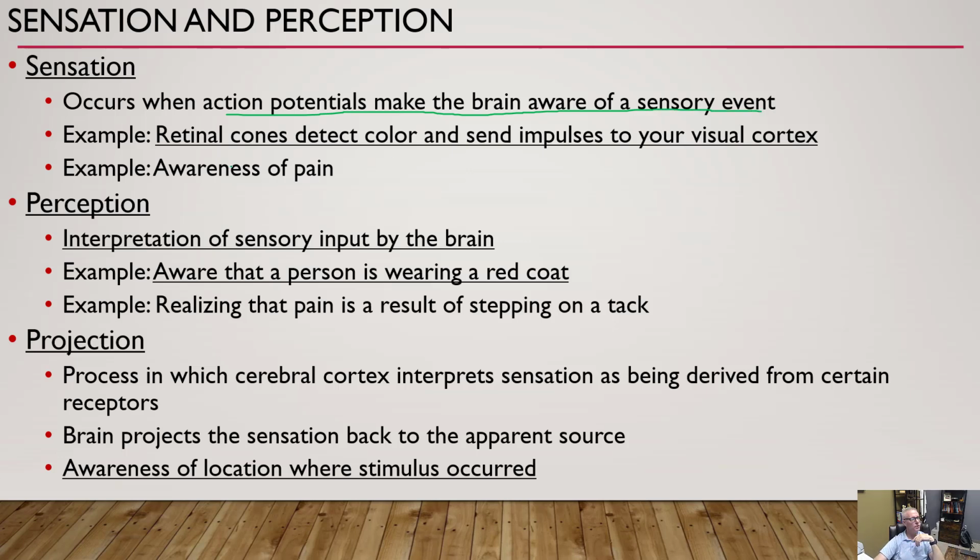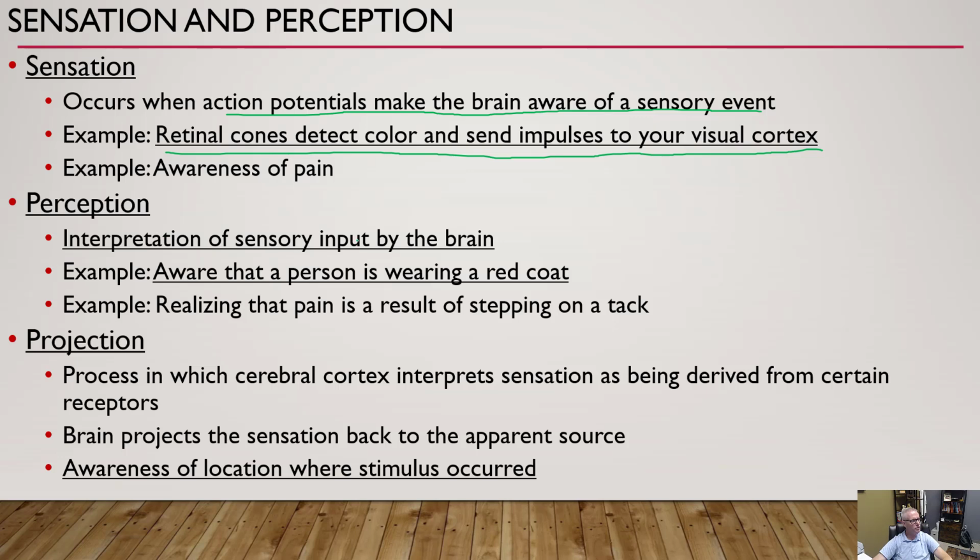So here the example is, your retinal cones detect color, and they're going to send impulses to your visual cortex. In your vision, we'll talk about rods and cones. Cones detect color, which we'll get into later on. But so your eyes see something maybe in your periphery. Or another example, you're aware of pain, but you really haven't isolated where that pain is.